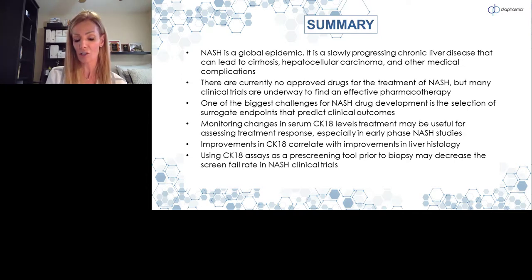One of the biggest challenges for NASH drug development is the selection of surrogate endpoints that predict clinical outcomes. Monitoring changes in serum CK18 levels may be useful for assessing treatment response, especially in early phase NASH studies. Improvements in CK18 correlate with improvements in liver histology, and using CK18 assays as a pre-screening tool prior to biopsy may decrease the screen fail rate in NASH clinical trials.